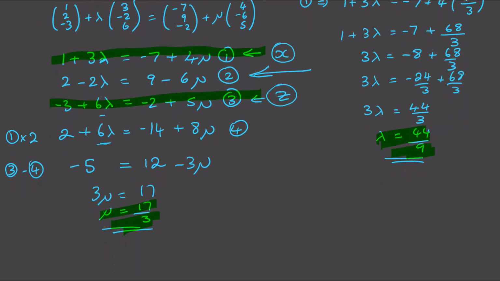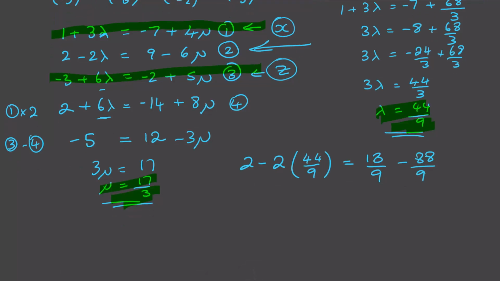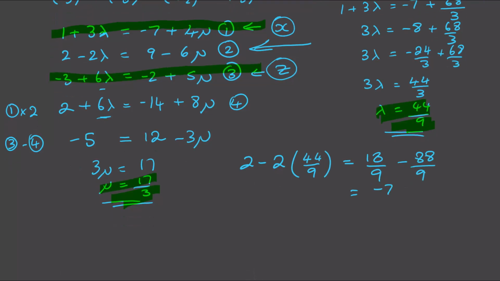So we have 2 take away 2λ, 2 take away twice 44 on 9. So that's going to be 18 on 9 take away 88 on 9, which is -70 on 9.